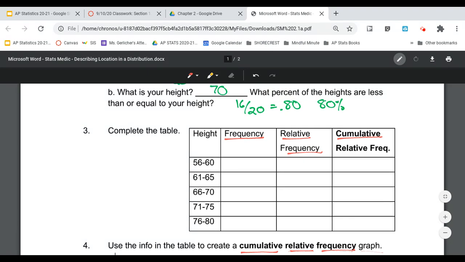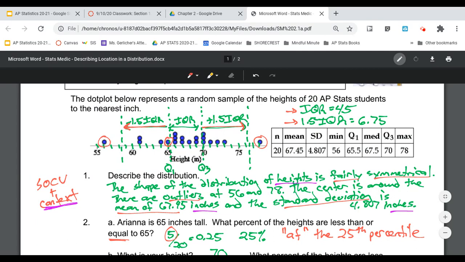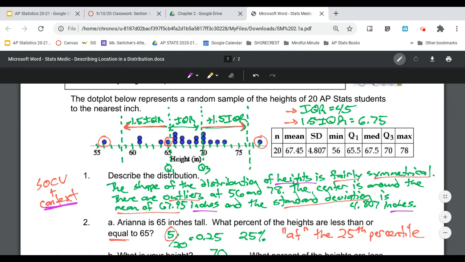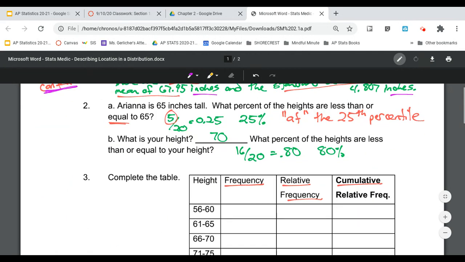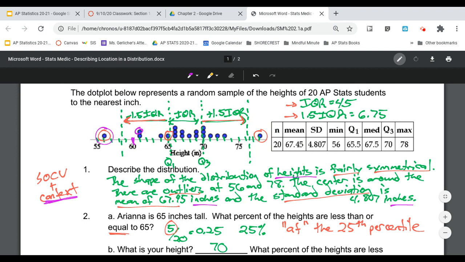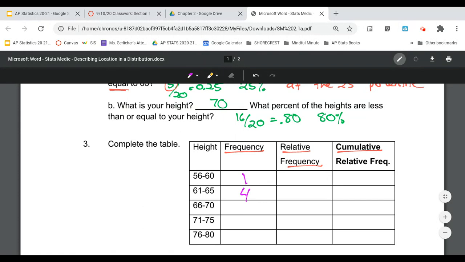So for a height of 56 to 60, let's go look up above. Maybe I'll change colors again. For a 56 to 60, I see 1, because here's 60, right? So that means there was a frequency of 1 there. 61 to 65, I see 1, 2, 3, 4. So there's 4 in that group. So you kind of get that idea. Now let's talk about relative frequency.